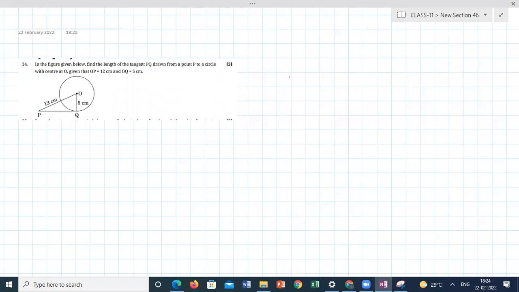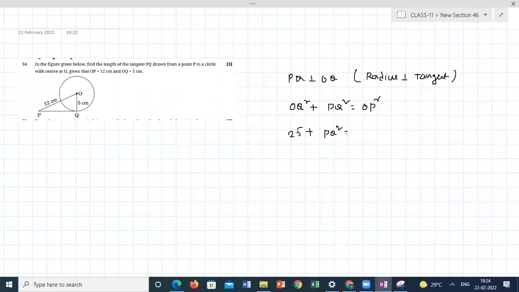We know PQ is perpendicular to OQ because the radius is perpendicular to the tangent, from the theorem. From here, OQ square plus PQ square is equal to OP square. OQ square is 25, PQ square we don't know, that is the length of the tangent, and OP square is 144.